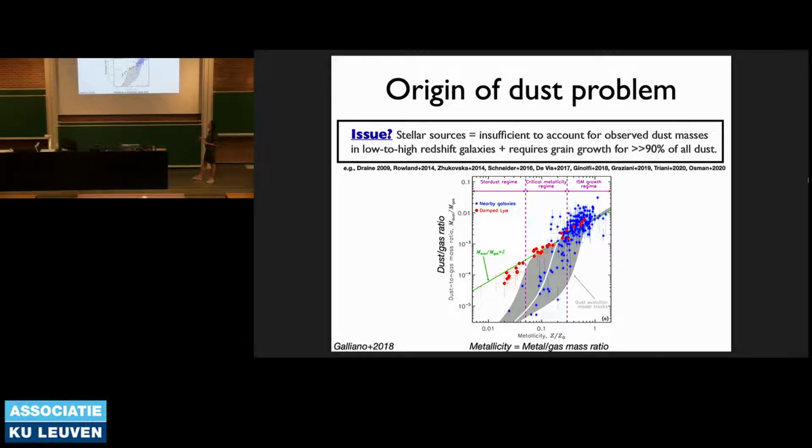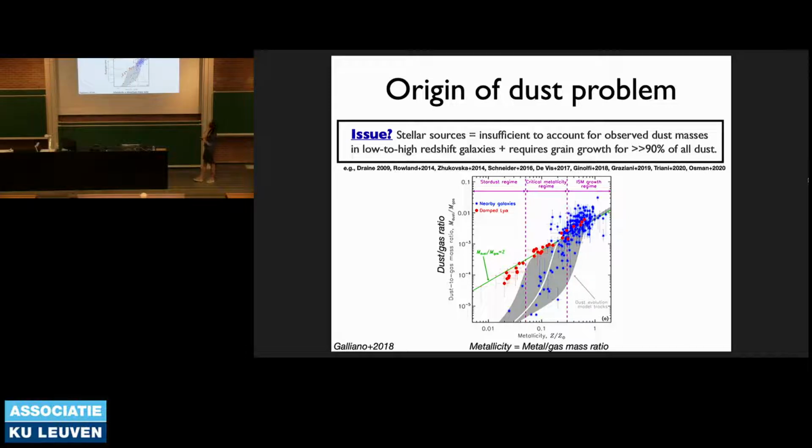And one very important plot that is often used to indicate that yes, we indeed need grain growth to account for the dust mass is this observational diagram. This is one from a paper by Frederick Galliano, but it has been published in different forms. It has the metallicity, which is nothing else than a metal mass over gas mass ratio, on the x-axis, and on the y-axis it has the dust to gas mass ratio.